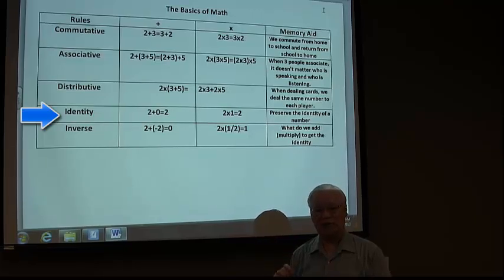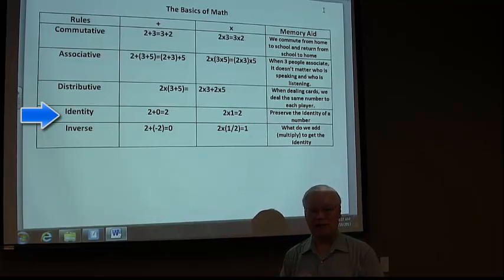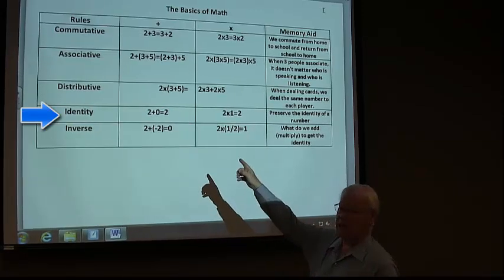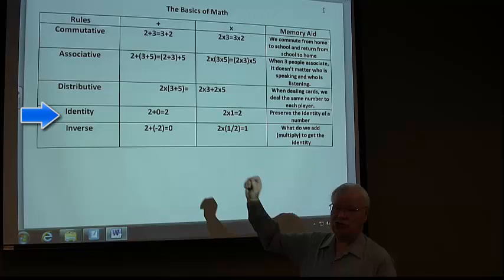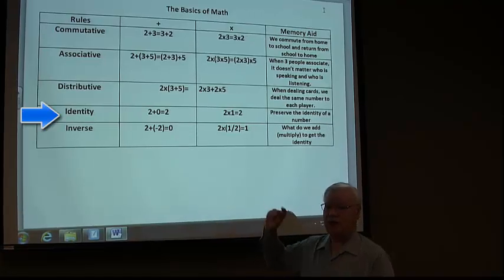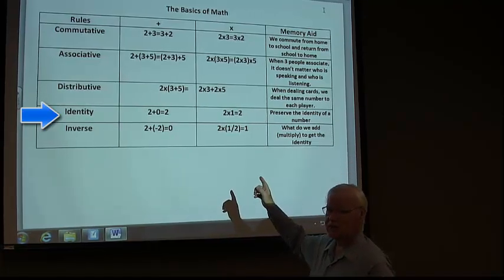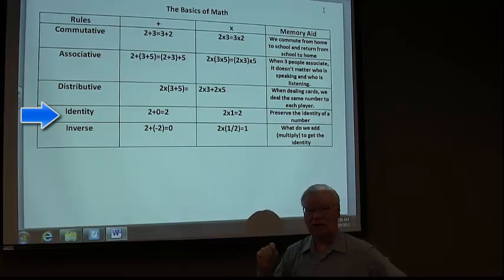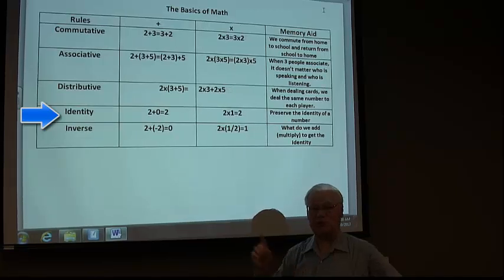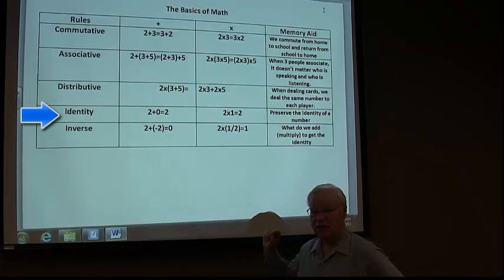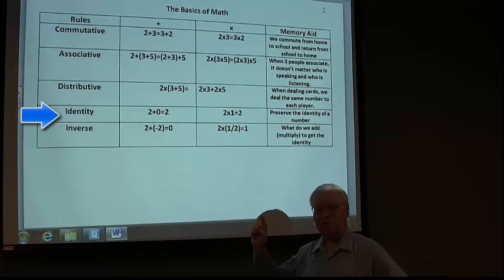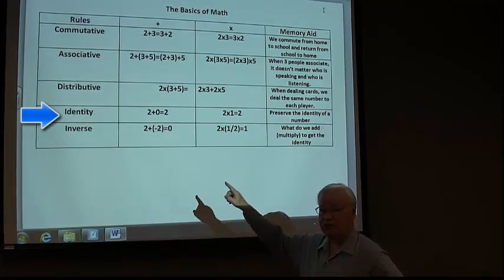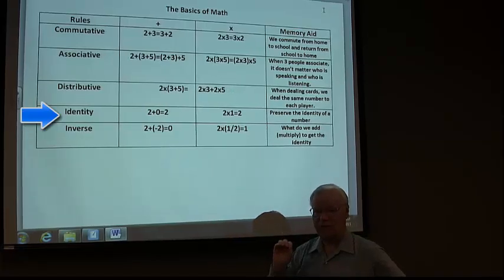What can I add to 2 so that 2 remains identically the same? 2. 0. 0 is called then the identity for addition. Notice when we go to multiplication, something changes. If I start with the number 2, what can I multiply times 2 so that 2 does not lose its identity? The number 1. So 1 is called the identity for multiplication. Addition and multiplication have different identities.